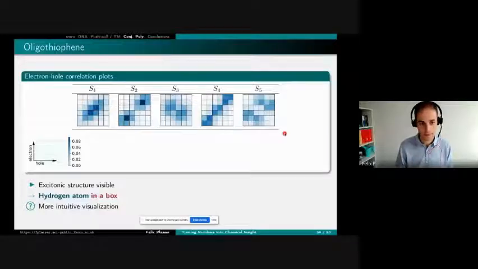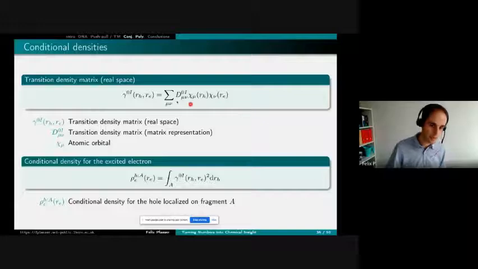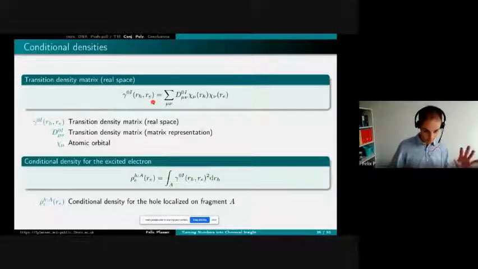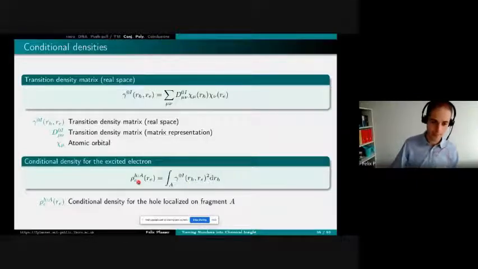So then what I thought about doing is, here again, we have our transition density matrix as a two-body function. Now what we're doing is we compute the square of the transition density and integrate it over one of those coordinates. The trick is, you remember we did this before and got the density of the excited electron.